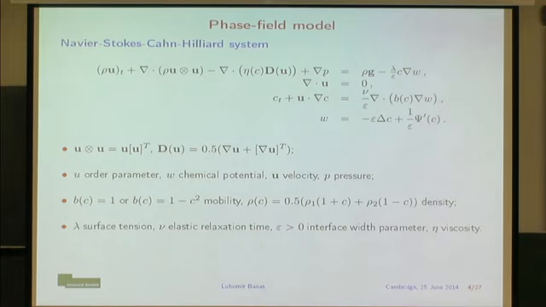And we can take a degenerate mobility, as we will see later in some numerical experiments, where I will explain why we would sometimes like to use the degenerate mobility. The density here is now not piecewise constant, but is computed as a linear function of the order parameter, which is continuous and varies smoothly across the interface.